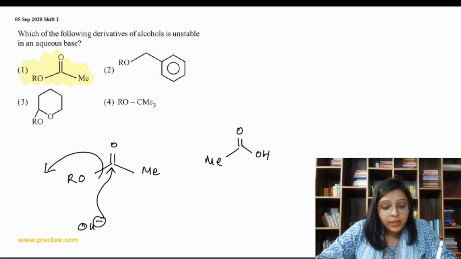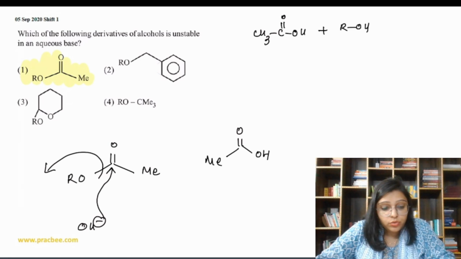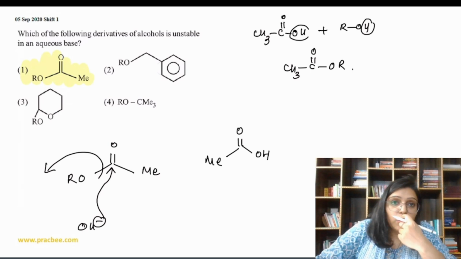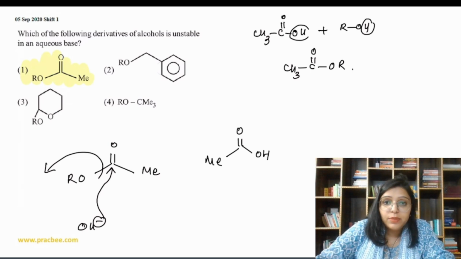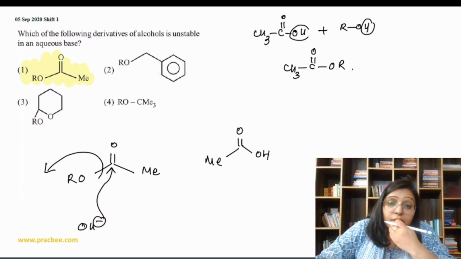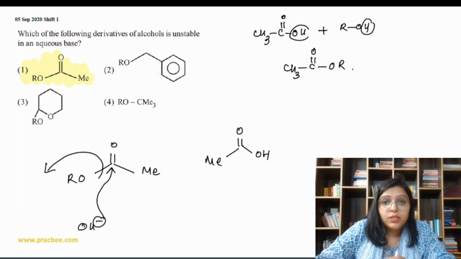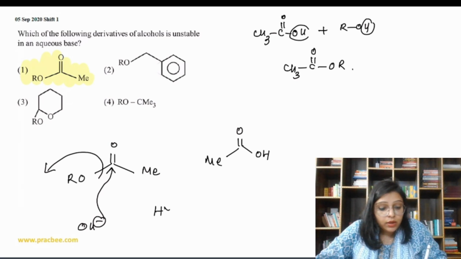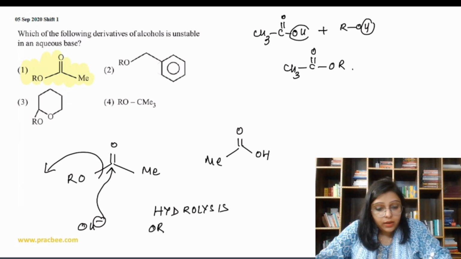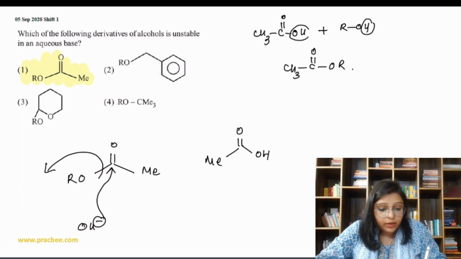The point is that suppose we have CH3 C double bond OH and on reaction with alcohol, we are going to eliminate water, and we are going to put CH3 C double bond OR. Is it clear? So this is going to be the derivative of carboxylic acid basically. So the point is which is unstable in aqueous base. It means we can do hydrolysis or we can break the bond, right?